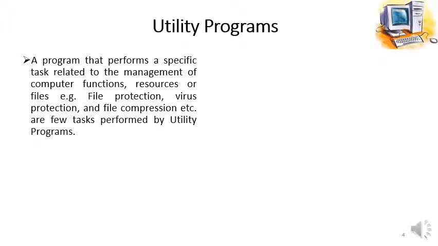So we have three main types of system software: first the operating system, second the device driver, and third utility programs. The operating system is the main system software which gives life to our computer or laptop. Without an operating system, our computer is a dead device which is useless and cannot perform any function.